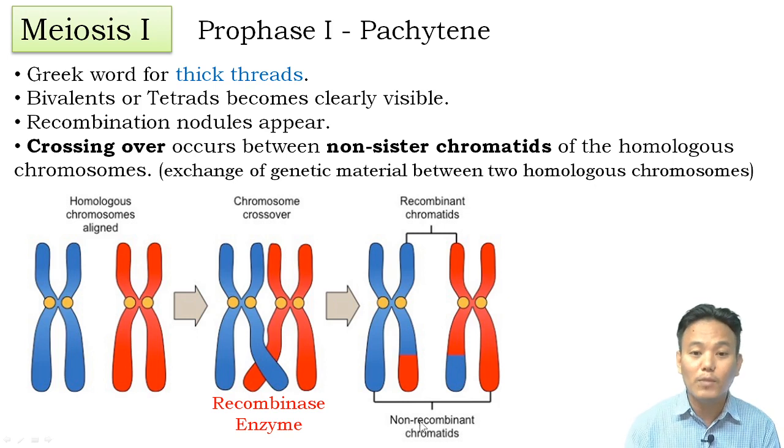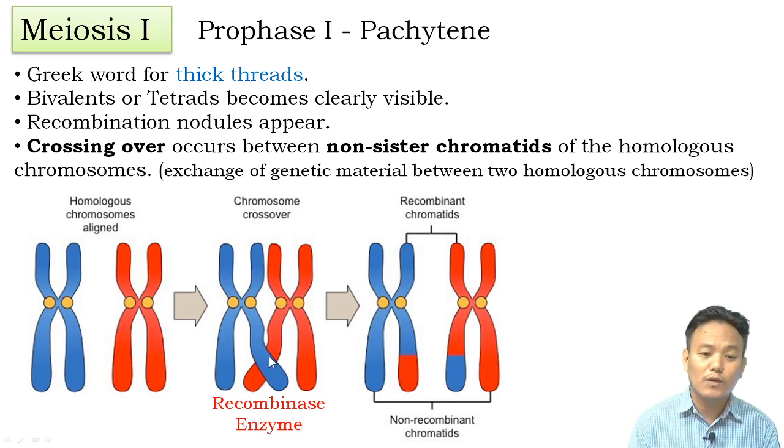So recombination depends on crossing over, and it occurs during the pachytene stage of meiosis I. The recombination is driven by enzymes. It's an enzyme mediated process.